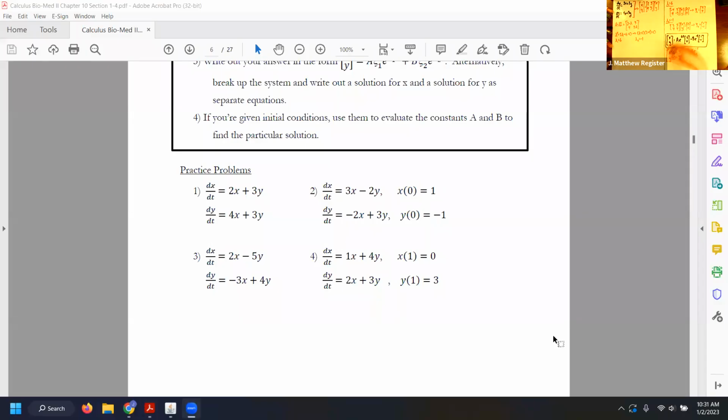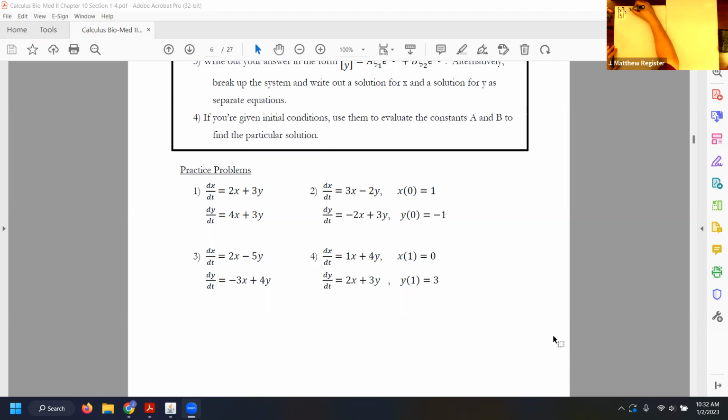And so for our next problem, number 2, it's the same process. But now we're given an initial condition. And so the problem we are given is x dot, y dot, and I'll just write it in matrix form initially.